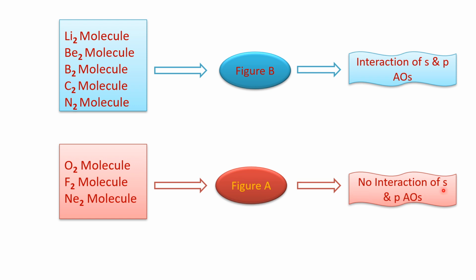So when there is no interaction of s and p atomic orbitals, we follow figure A, and figure A is applicable to the oxygen, fluorine, and neon molecules. So this is related to the MO energy level diagram for the interaction of the s and the p atomic orbitals, and the no interaction of the s and the p atomic orbitals.